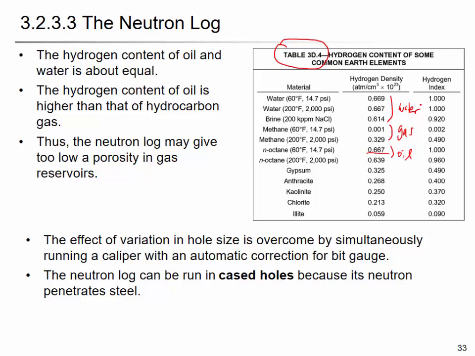So when you measure the neutron log in the gassy formation, it will give you a very low porosity. And the good thing about the neutron log is that this can be run in cased hole because neutrons penetrate steel casing.